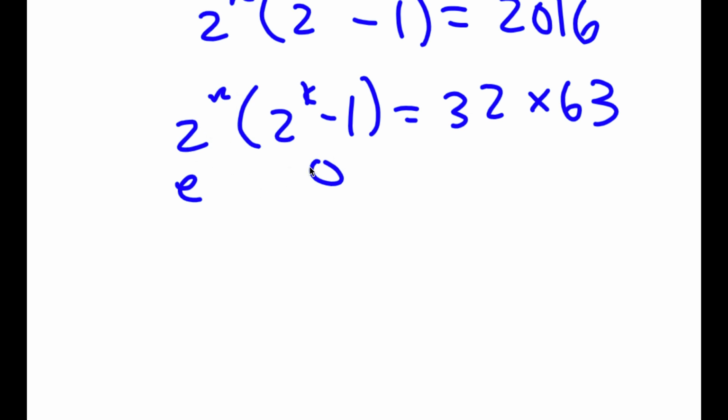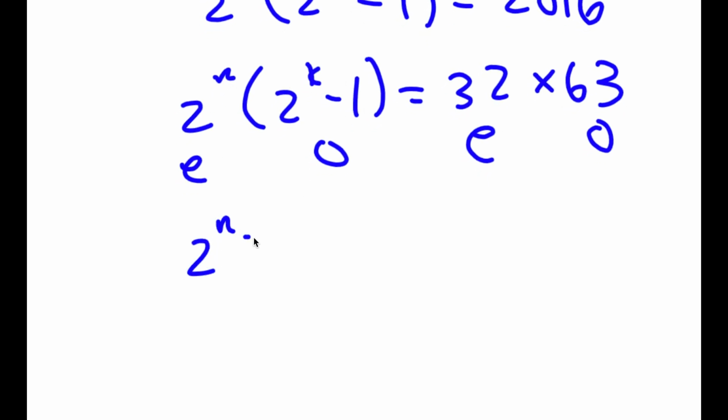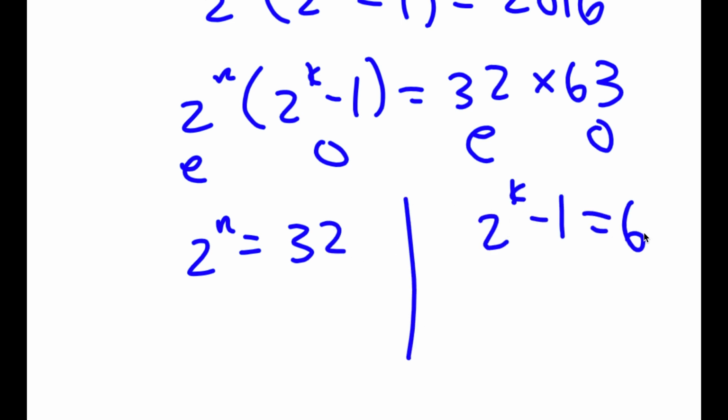So 2 to the power of n is even, and 2 to the power of k minus 1 is odd. So now 32 here, this is even, and 63, this is odd. And notice how both of these are in the form a number times another number is equal to another number times another number. These two numbers are even, these two numbers are odd, meaning 2 to the power of n is equal to 32, and 2 to the power of k minus 1 is equal to 63.